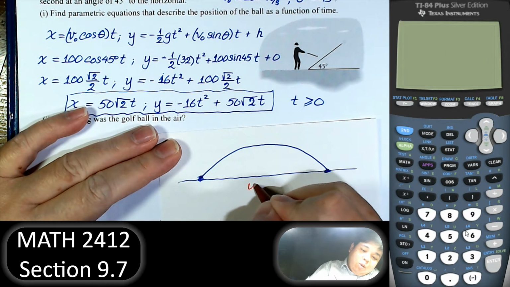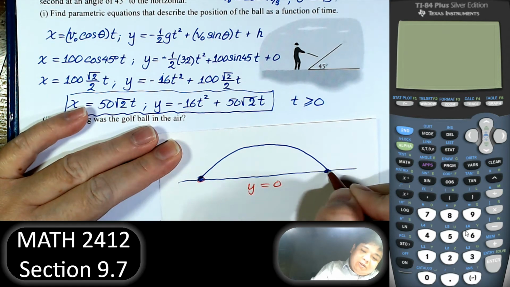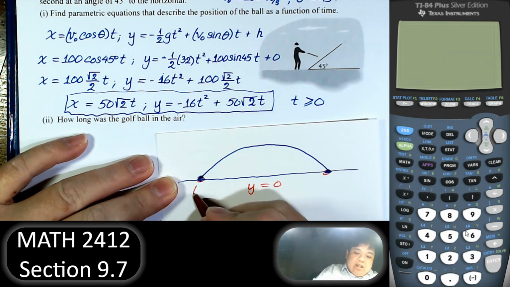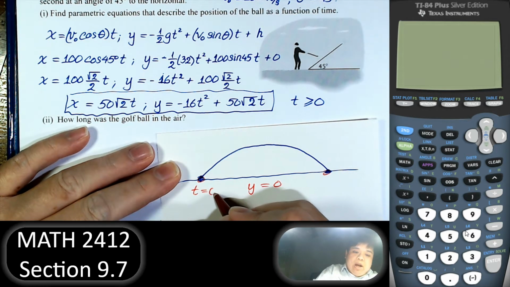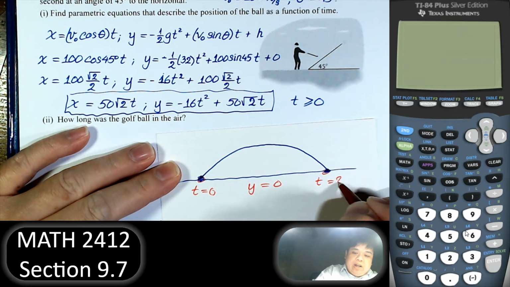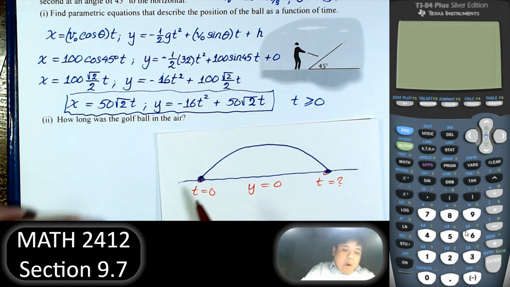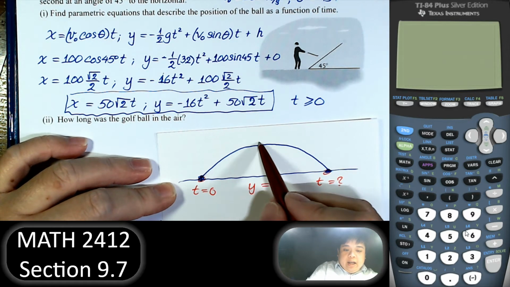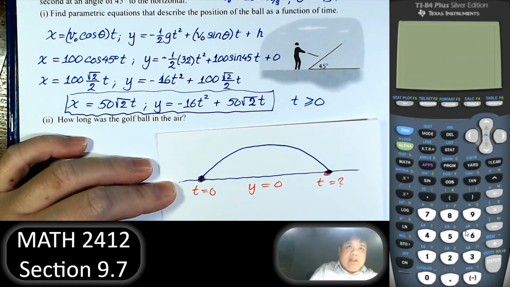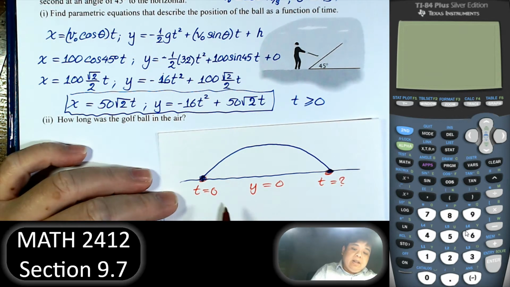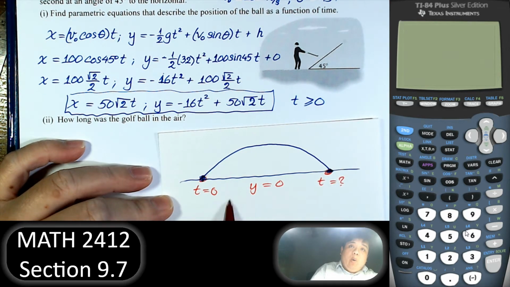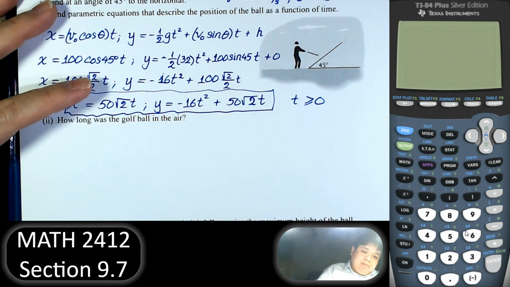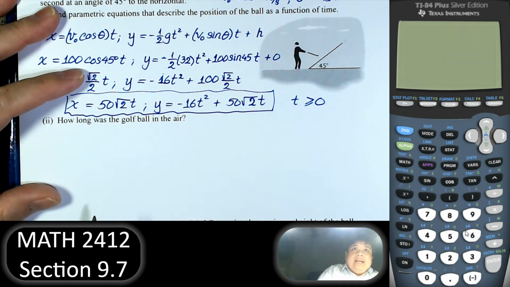If it's on the ground, then y must be equal to 0. And so we will let y equal to 0 and calculate 2 instants. One of them is when the golf ball is hit by the club, and the other is where the golf ball hits the ground again. At both of those times y equals 0, so we just need to find y equal to 0.